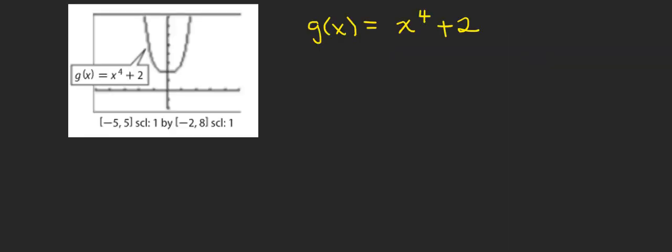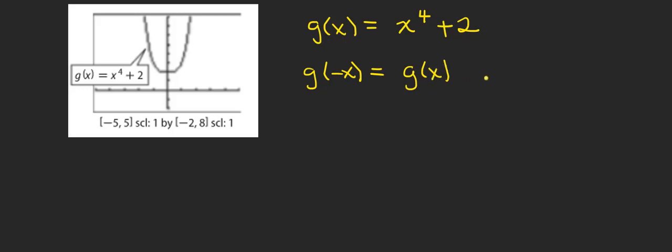Now let's take a look at our final example. You got g of x equals x to the fourth plus 2. Now this looks like an even function because the graph looks symmetric with respect to the y-axis. So algebraically, what needs to happen is that when you plug in negative x instead of x, that should be the same thing as g of x.